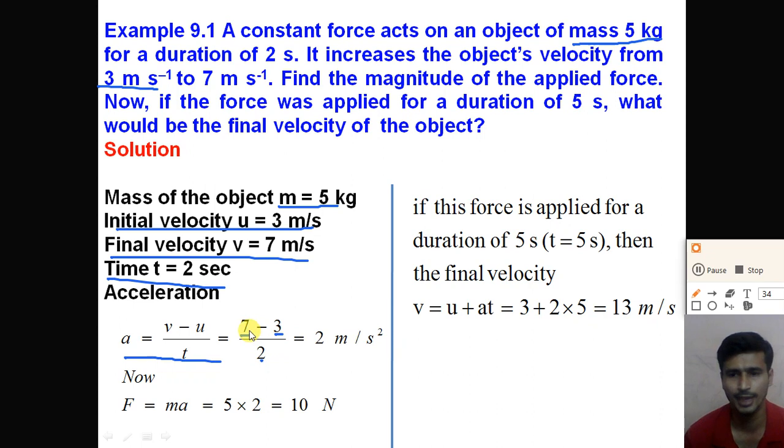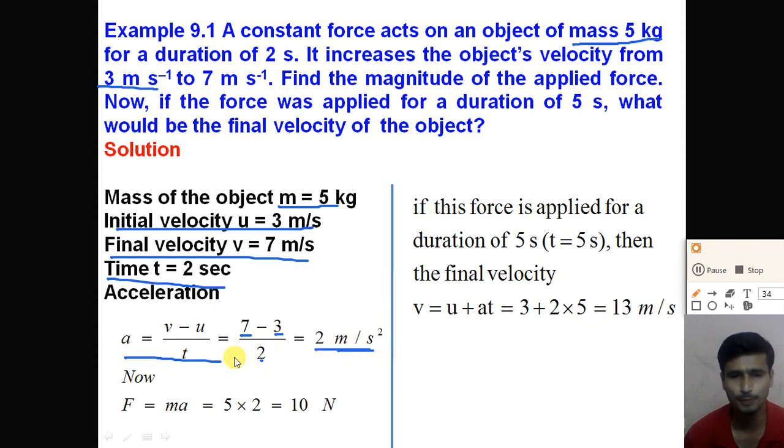So 7 minus 3 divided by 2, we get the acceleration a is equal to 2 meter per second square. Meter per second square is the unit of acceleration.